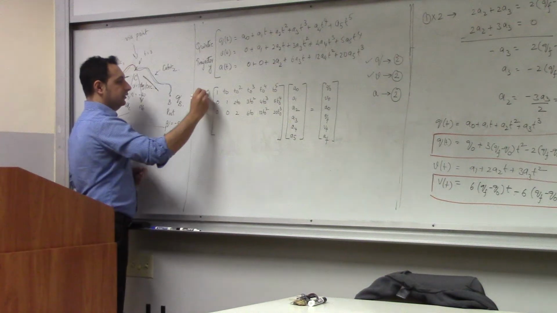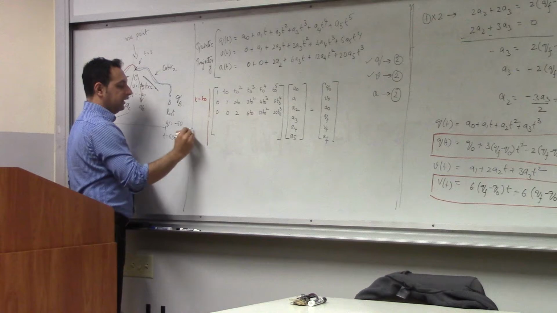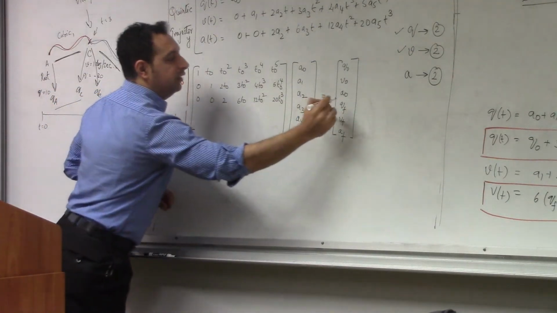This is t equals t0. Here we'll have t equals tf, because that will lead you to the 6 conditions.